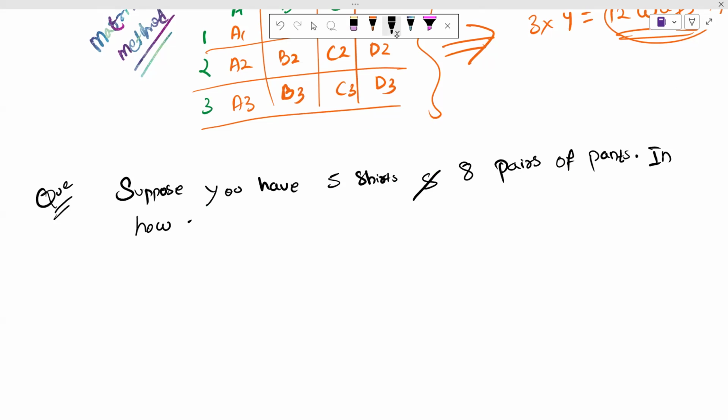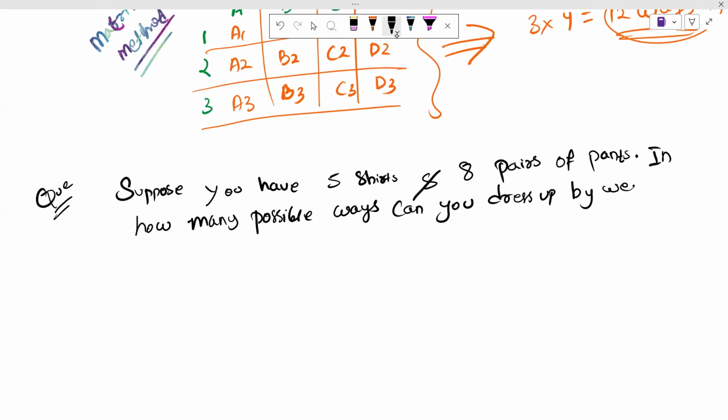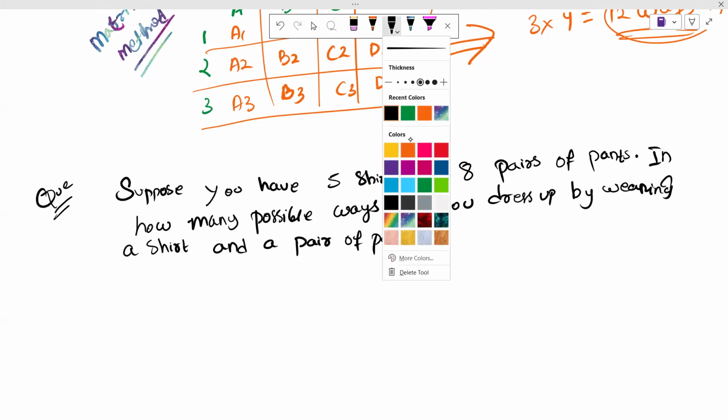In how many possible ways can you dress up by wearing a shirt and a pair of pants? I expect the answer in the comment box. Those who are serious students, please answer in that comment box.